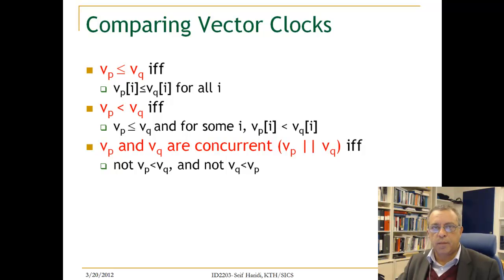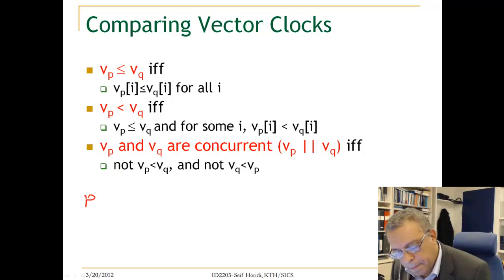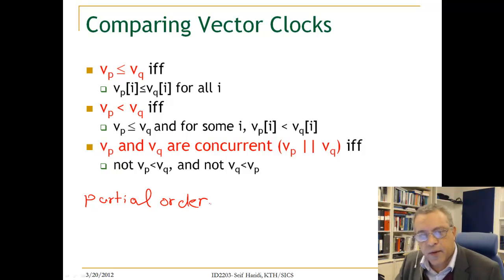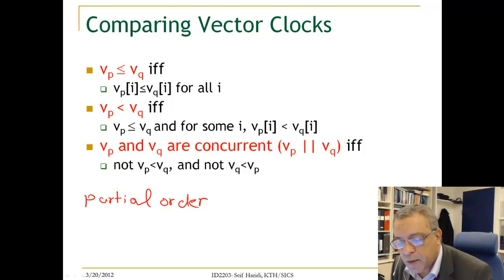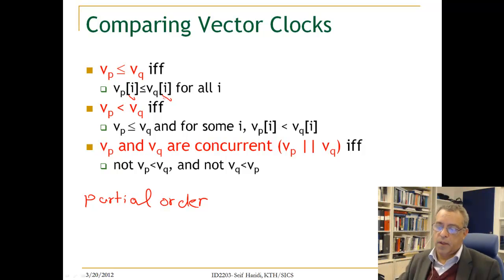So let us look again at how we compare vector clocks. Vector clocks can be compared with each other, but the comparison is a partial order, which means some vectors cannot be compared with other vectors, and we will see this clearly here. We say that one vector VP is less than or equal to the other vector VQ if each element in VP is less than or equal to the corresponding element in VQ.